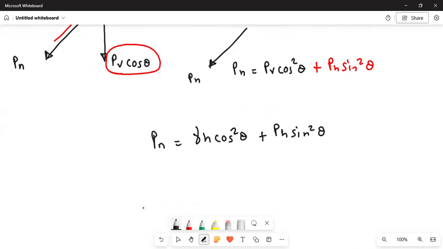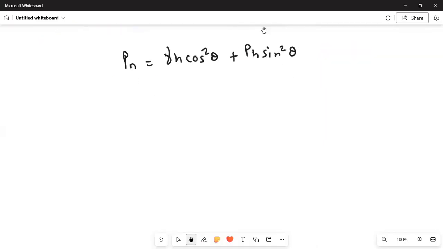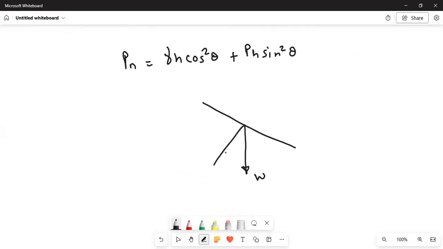And if you are considering the self weight, this is the formula that you are getting with respect to the pressure from the material. If you consider the self weight is acting vertically downward, that is W, and angle is theta. If you resolve the weight which is vertically downward in the normal direction, it will be equal to Ws cos theta.